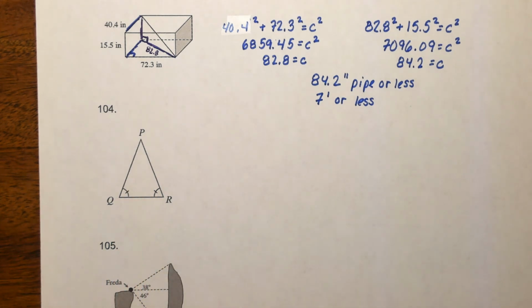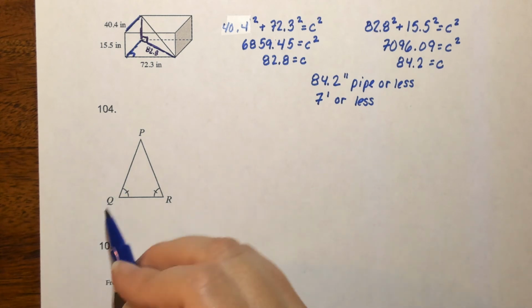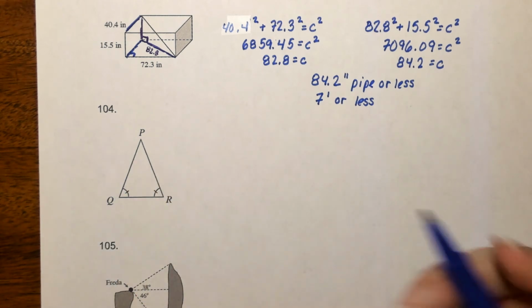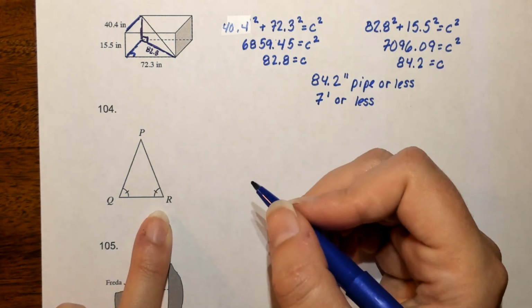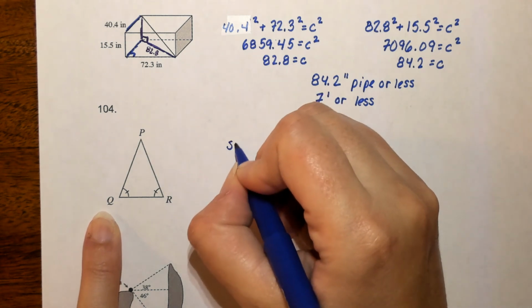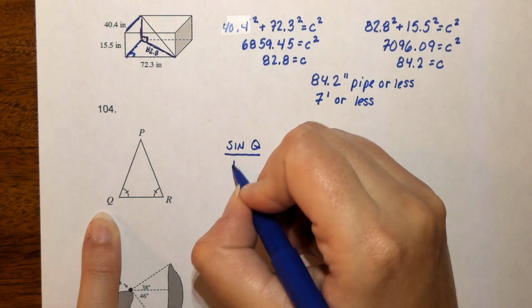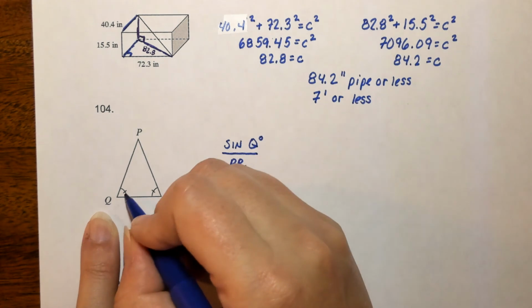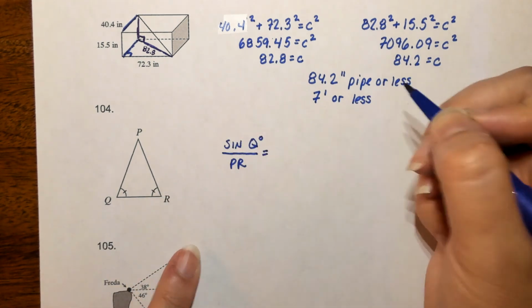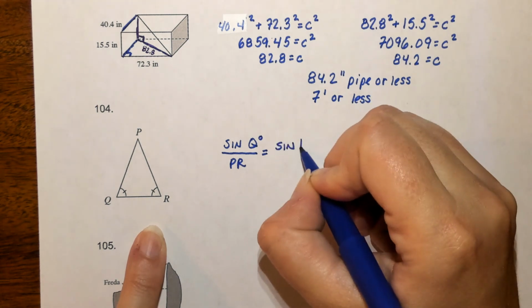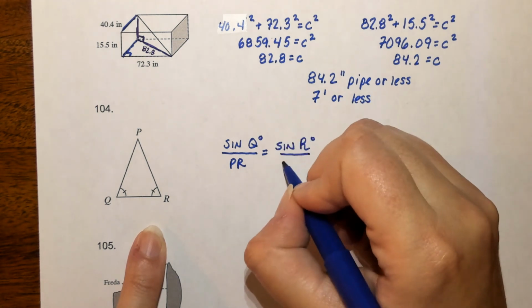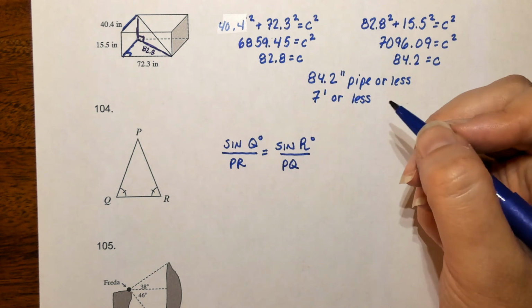Okay, so what we're going to do with that is we are going to set up the law of sines, because this is not a right triangle. So we're going to do sine of Q over PR, so sine of the angle over the side across equals sine of the angle over the side across.